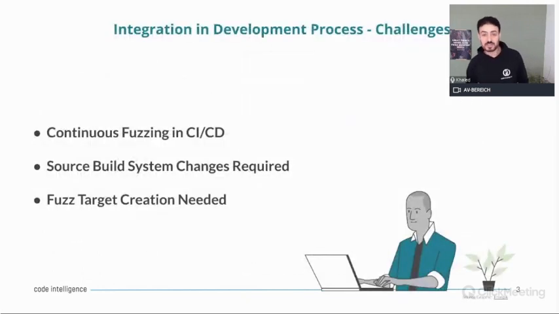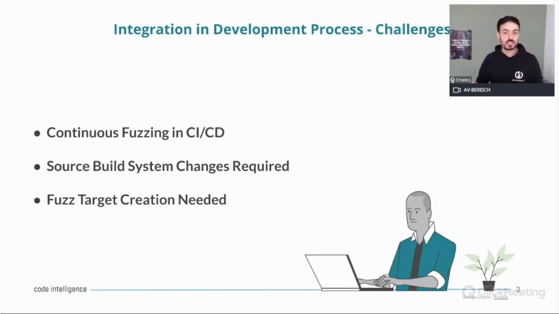So let's meet Max. Max manages a software development team, and they want to use fuzzing as soon as possible. However, they have very strict deadlines regarding their feature roadmap. Although they have wonderful engineers, they don't have fuzzing experience.